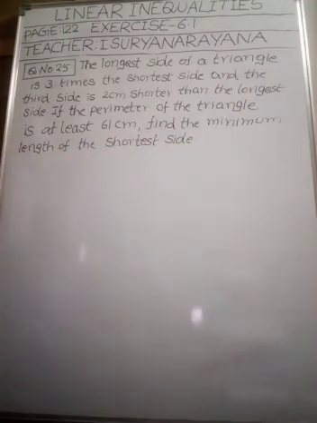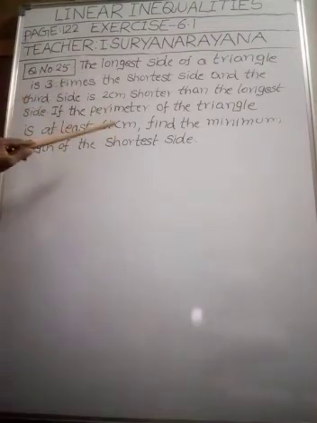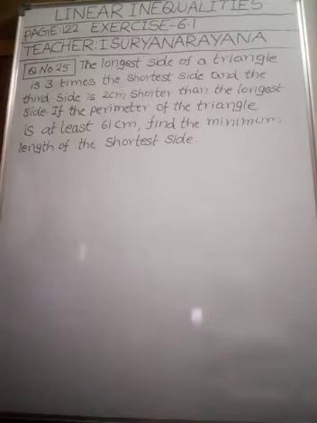Okay, my children, understood this question? Read the question 2 or 3 more times till you understand the question clearly. Okay, my children? Right. Now, let us assume that the shortest side of the triangle is x centimeters.